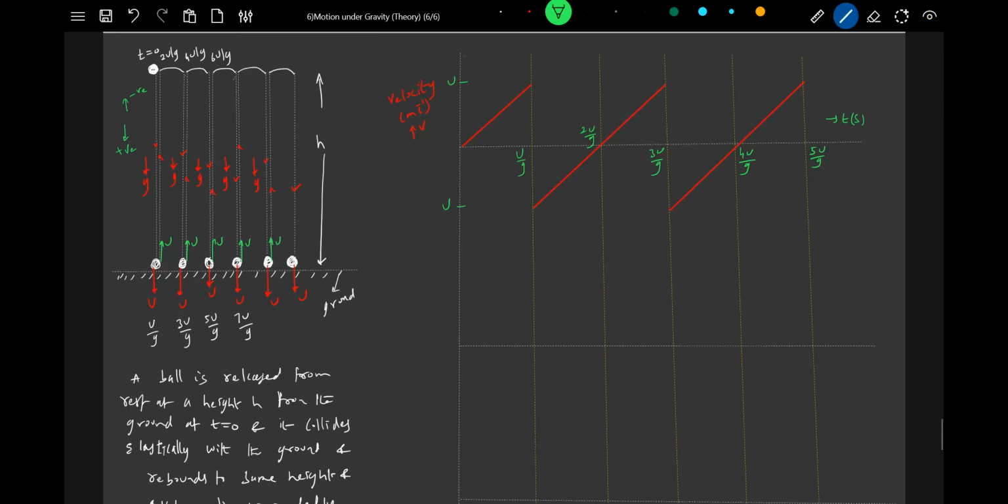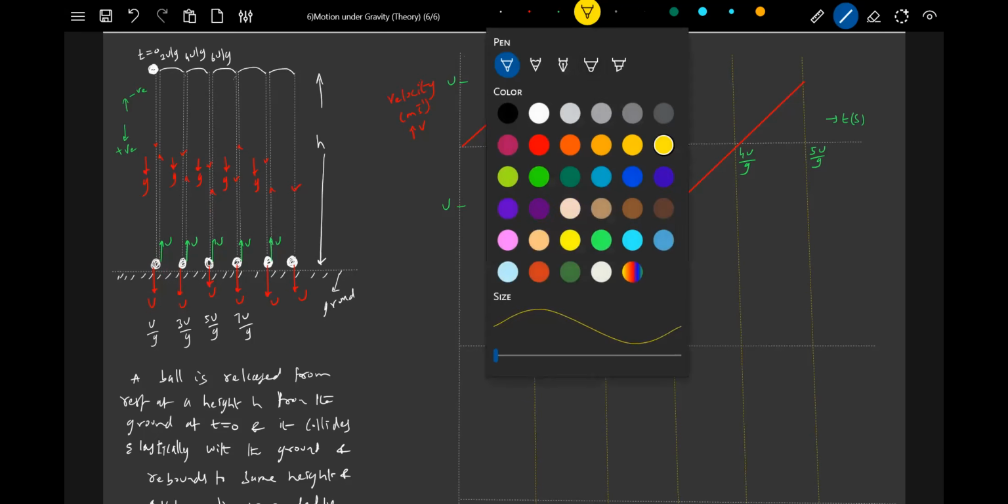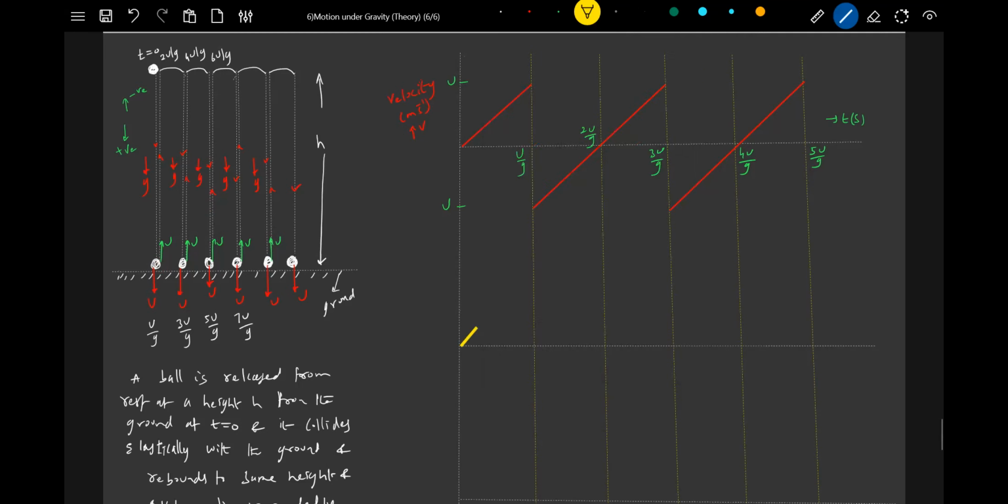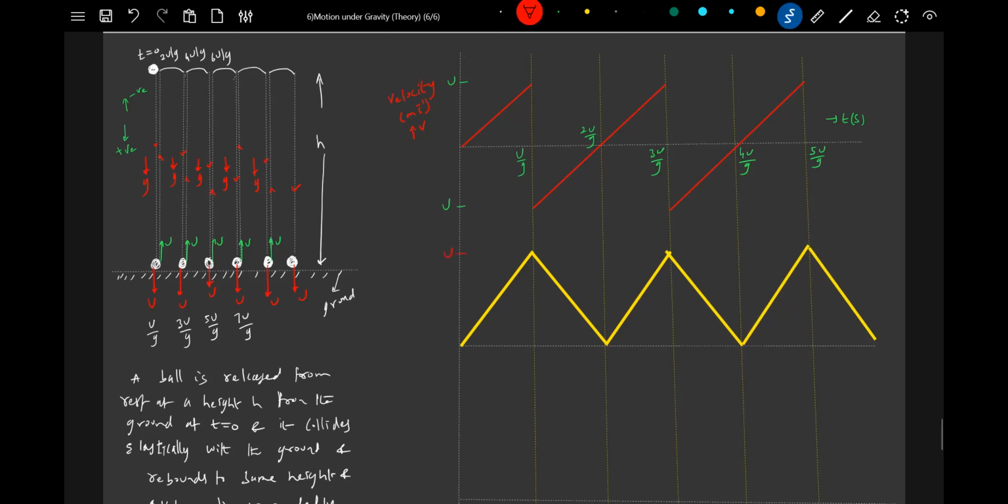What about the speed versus time graph? Speed will increase, then again start decreasing, then again increase, again decrease, again increase. Like that. u by g, 2u by g, 3u by g, 4u by g, 5u by g.